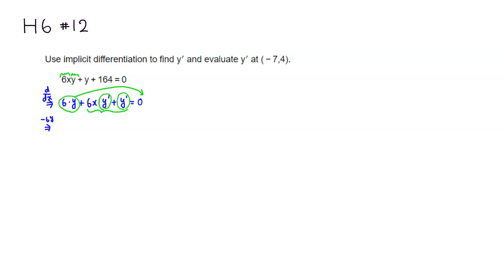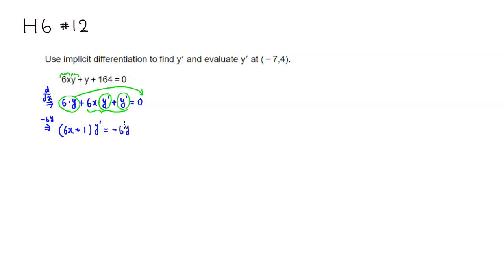From the first term, we have 6x left over. From the second term, you're left with 1, because you pull y prime from y prime. And since the other term is moved to the other side, it becomes -6y.